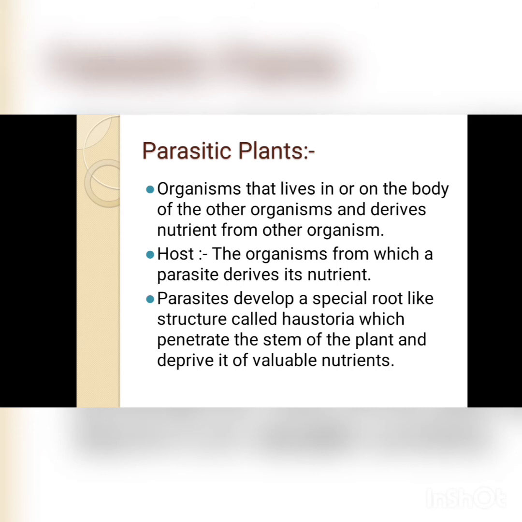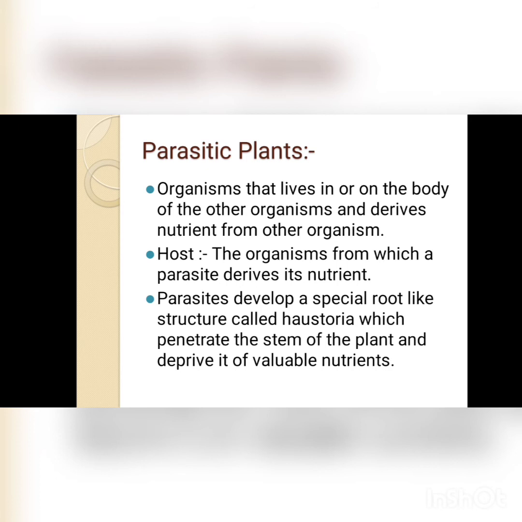It means the organisms that live in or on the body of other organisms and derive their nutrients from them. Derive means they are taking their nutrition from the host. So this is a kind of nutrition.